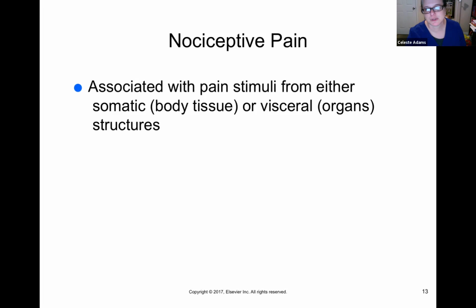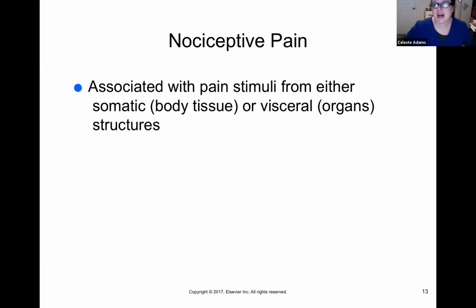A visceral source would be kidney pain. Heart pain, chest pain, heart. Brain pain, a headache, could be caused from something in the brain. Those are all visceral sources.